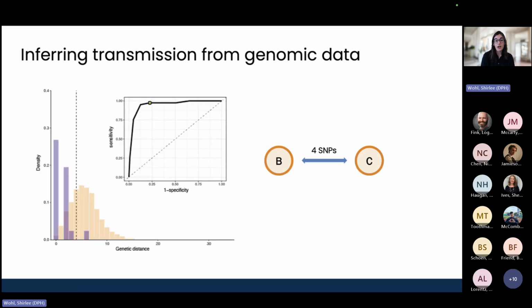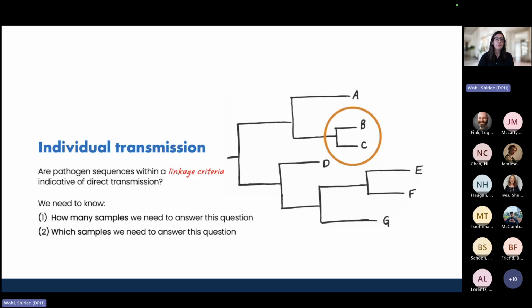So again, it's not perfect, but I think it can provide some useful guidance on, are we even sampling the right ballpark of number of samples to be able to answer this question? And I personally think this is really important because I've seen so many studies that say, oh yeah, these are close to each other on the tree, they must represent a transmission link.